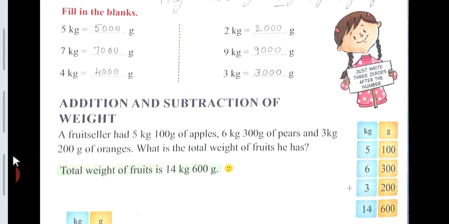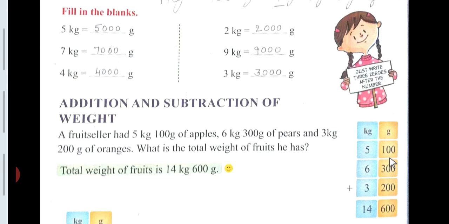So here first of all you will write 5 kg. In the block of kg you will write 5 and in the gram block you will write 100. Here the apple weight has been counted. Next comes pear. So in the kg block you will write 6 and in grams you will write 300. Next comes the oranges, 3 kg, that means 3 you will write here and 200 you will write here.